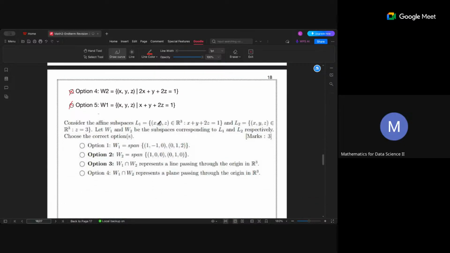You have affine subspaces L1 and L2. Now W1 and W2 are subspaces corresponding to L1 and L2. First of all, what is W1 from this? W1 is x plus y plus 2z equal to 0. What about W2?